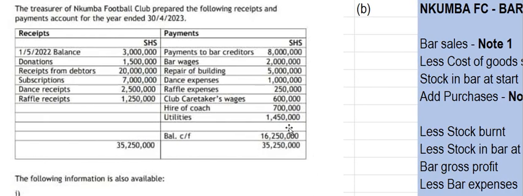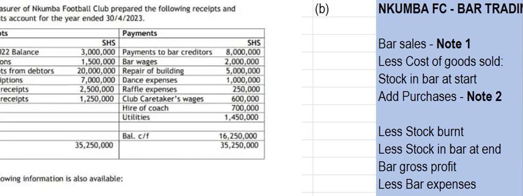When we look at the information, yes, we need bar sales, but we don't have information about the bar sales apart from the information about the debtors, the credit customers, meaning that most of the sales that were made by the bar were all on credit because we don't have cash sales in here, but we have information about the trade debtors or the trade receivables. So we are going to use that information to arrive at the credit sales, and that's the figure which we are going to use in our bar trading account.